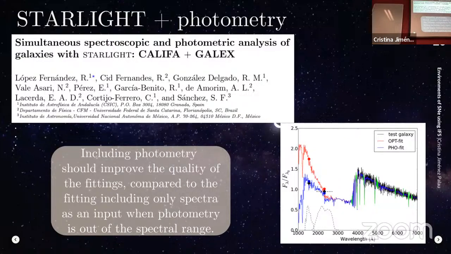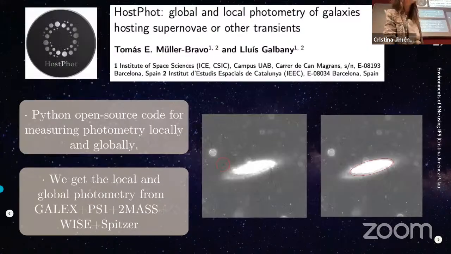When you add photometry, these points, you can see that you get a different value, which is actually more reliable because it estimates a higher value. And this is important because you could say, well, it's just a fit, yeah, but then the distribution of the ages and the whole star formation history changes because you are getting different populations in that range. So it's really interesting to be able to combine photometry and spectroscopy.